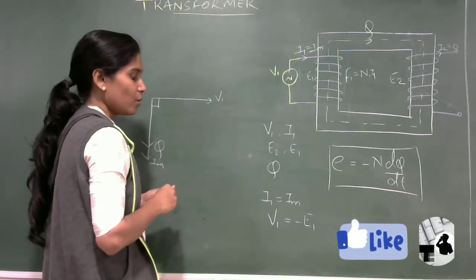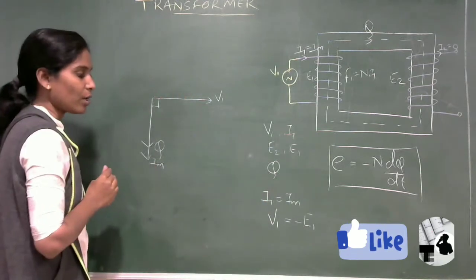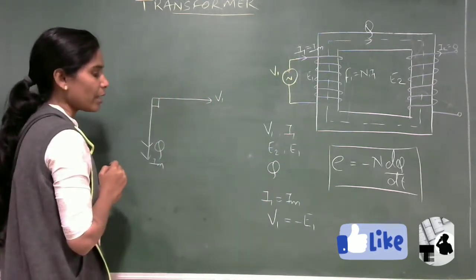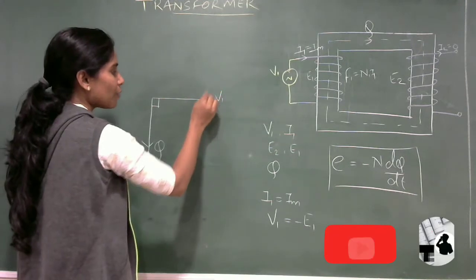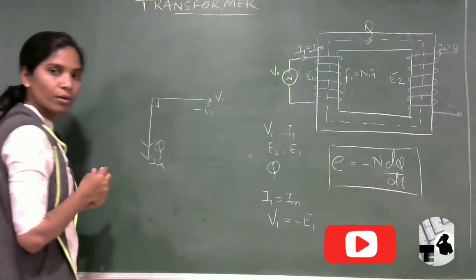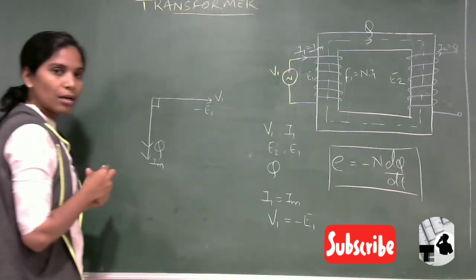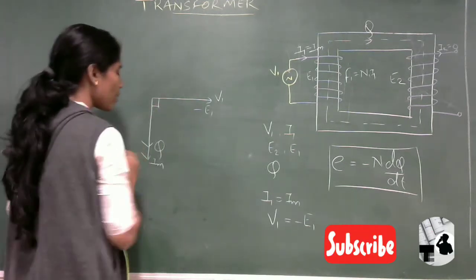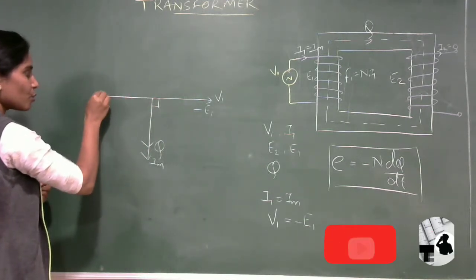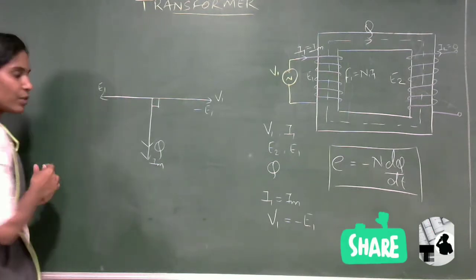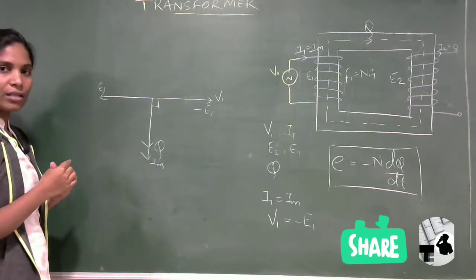Voltage V1. So these two equations are important. If V1 is this, right? Then I can say that this is the line for minus E1 also. If this is the minus E1, then what is my E1? So this is the phasor line for the EMF at the primary side, that is E1.